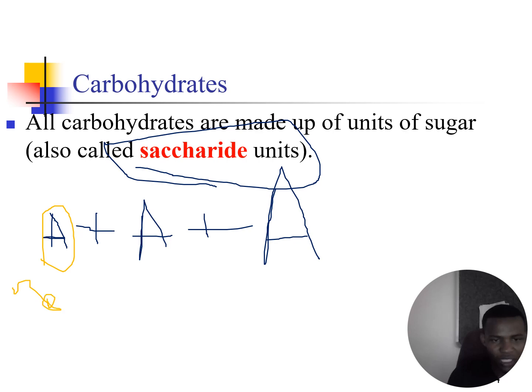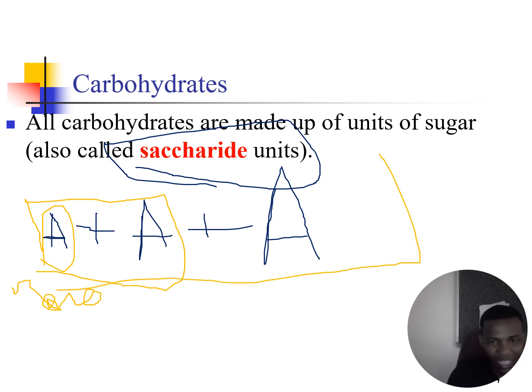Mono means one. So this is going to be a monosaccharide. When there are two like this, it's going to be called a disaccharide. Di means two. When there are many, let's assume this cycle continues having many sugars, it is called a polysaccharide.